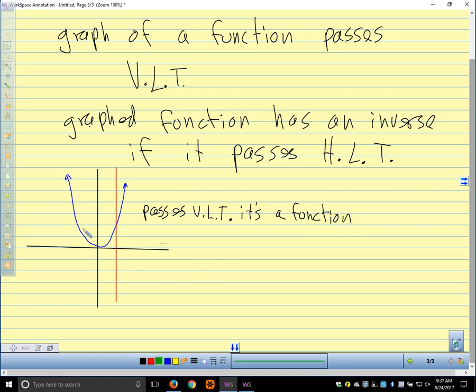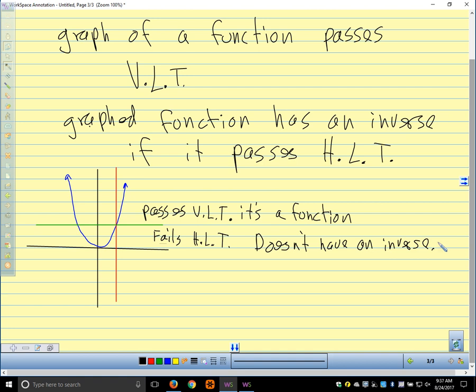But it fails the horizontal line test. It doesn't have an inverse. So the function that graph represents would not have an inverse function.